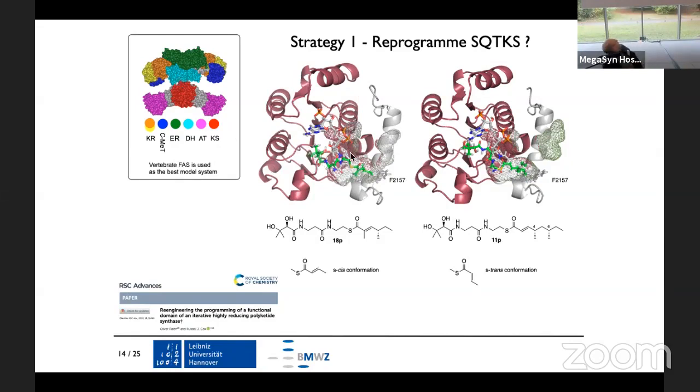I'm sorry, it's probably a little bit small to see here, but what we observe in these models is that substrates which we know are good substrates, substrates which are turned over by this enzyme, take up an S-cis conformation, and molecules which we know are not substrates, in fact these are inhibitors, take up an S-trans conformation in our docking experiments. And it looks like maybe that's involved in controlling whether these can be substrates or not.